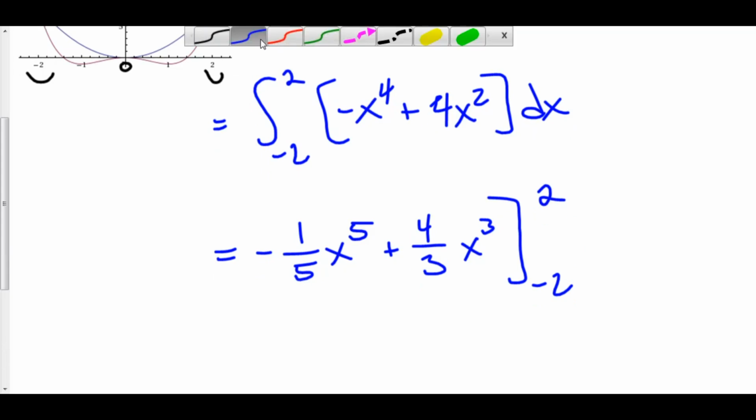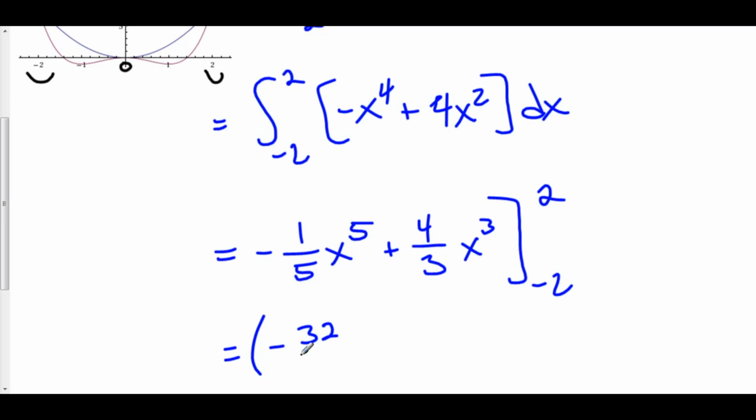We can now plug in our b, which is 2, and so we have 2 to the fifth is 32 times negative 1 over 5 is negative 32 over 5, plus we have 2 cubed is 8 times 4 is 32 over 3, minus, when we plug in a, we get negative 2 to the fifth is negative 32 times negative 1/5 is positive 32 over 5.